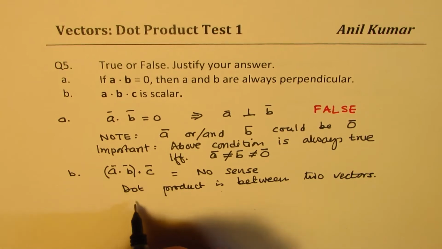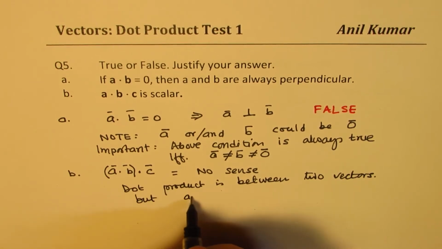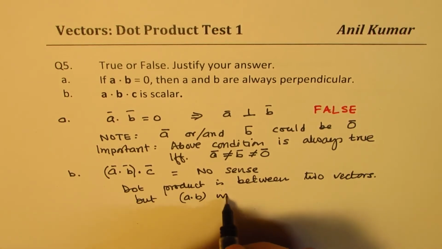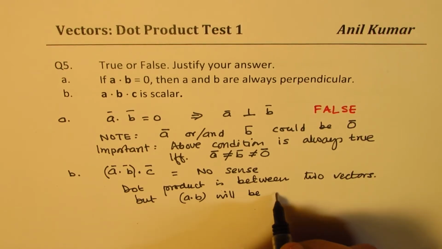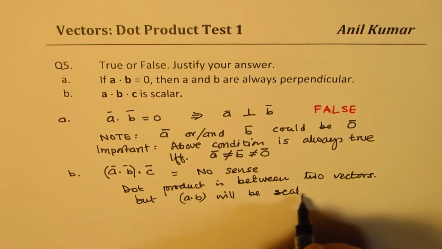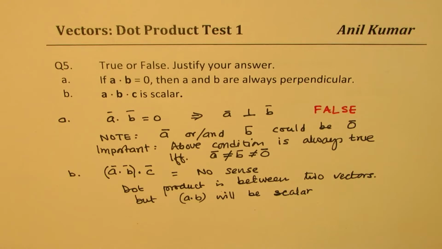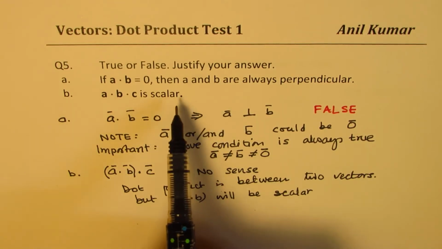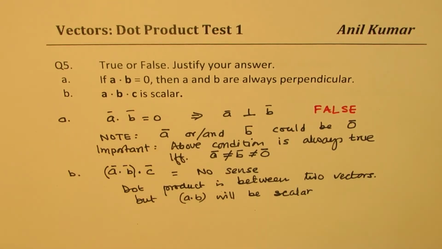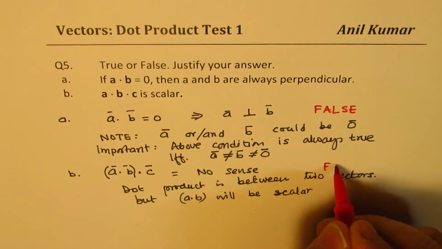Correct? But A dot B will be a scalar, right? So scalar dot vector, now you could have scalar multiples, perfect, but there is nothing called dot product between a scalar and a vector. So that makes no sense. So this statement is also false, correct?